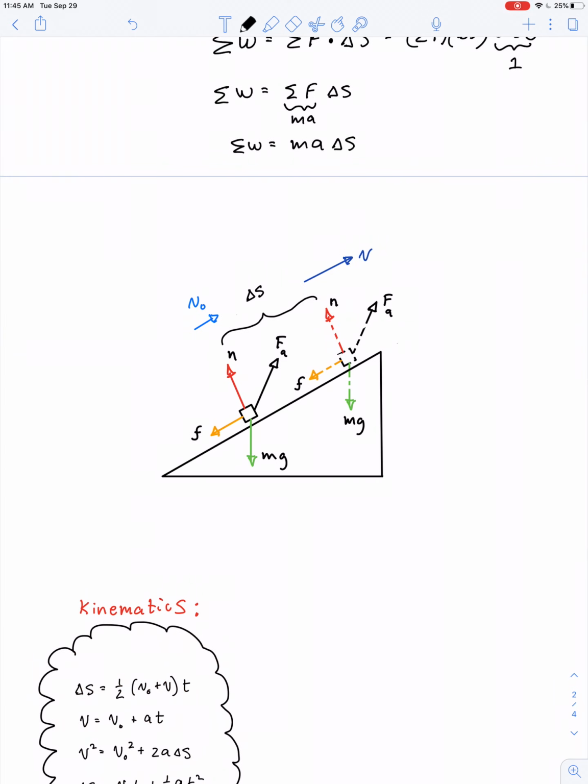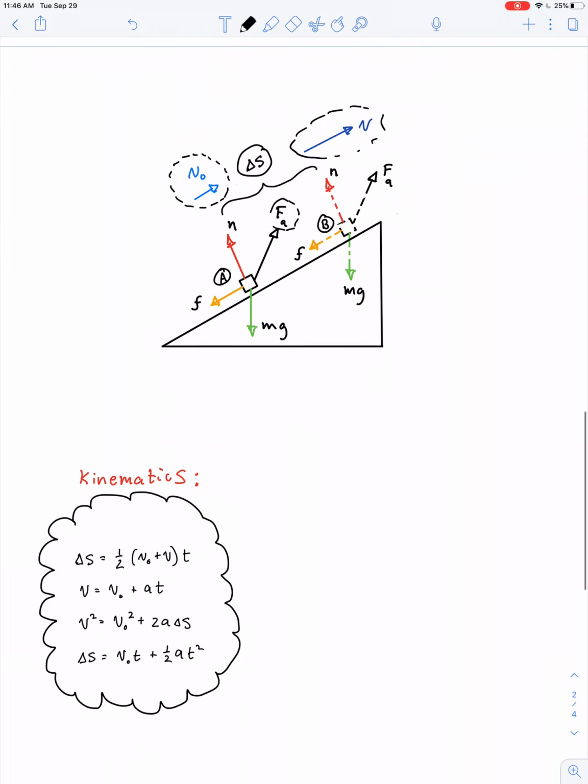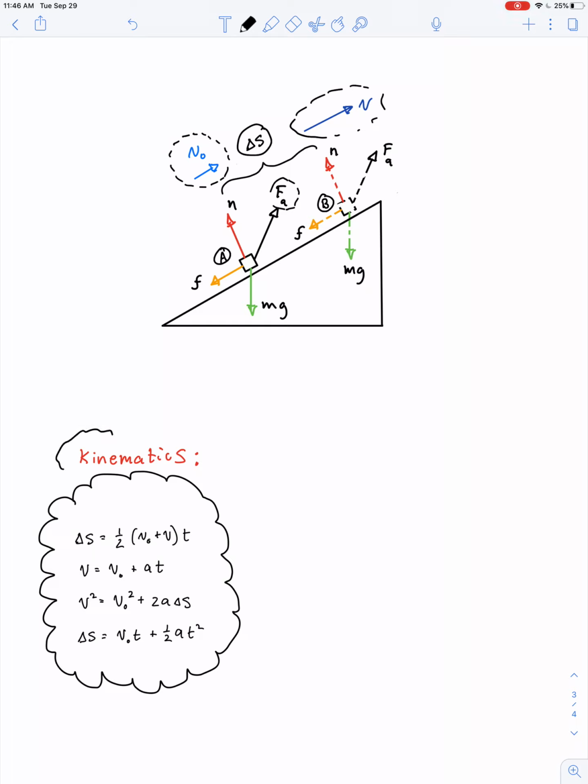All right, now let's think about some kinematics here. If the object starts out in position A and slides a displacement delta S until it reaches position B, maybe it already started out with some initial velocity. There's no guarantee that the object was already at rest when the applied force started acting on it. It could have had an initial velocity, and by virtue of accelerating up the incline, it's going to have some different final value of velocity. So at this point, this study of kinematics that at once was challenging is probably second nature by now.